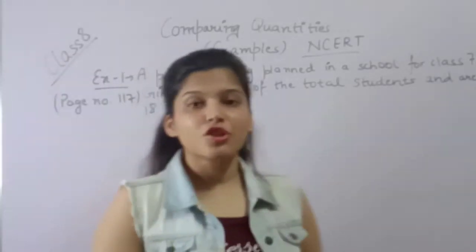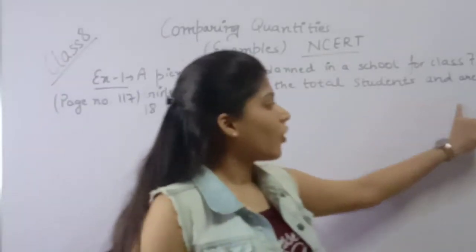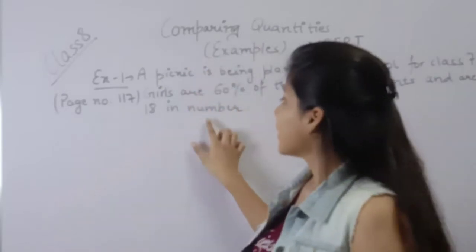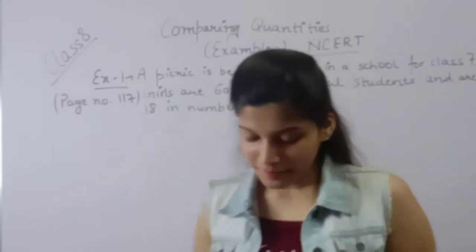Okay, so the percentage of girls is given and we are also given the number of girls in the class. So there are 18 girls in the class.